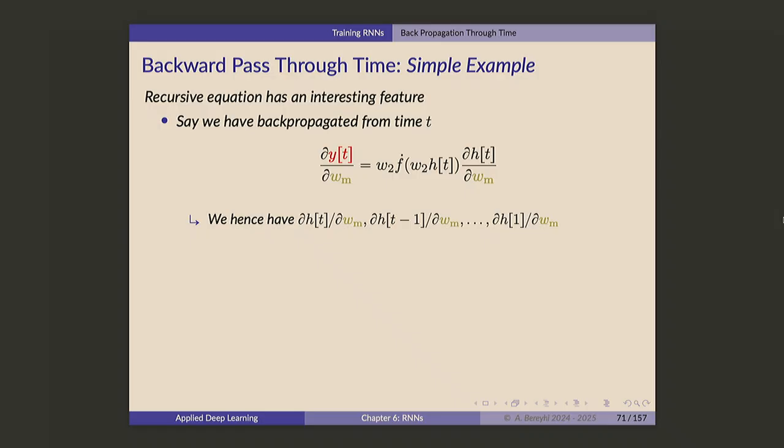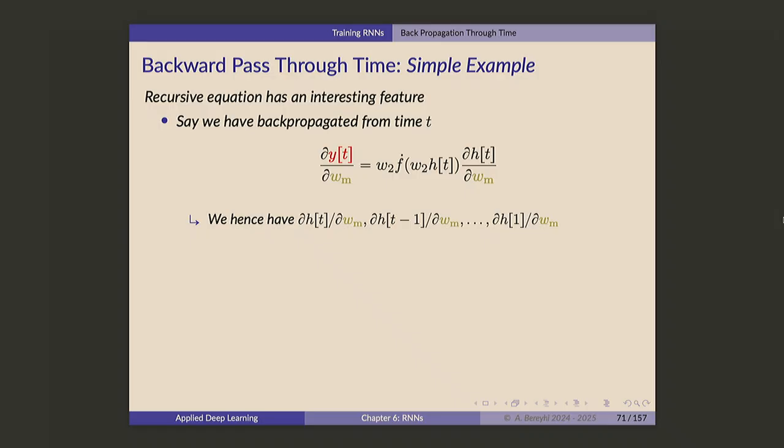Because if I start by computing the gradient at time 1, I just go one step back in time and then I stop, right? When I go to 2, then I need to get from h2 to h1, right? And then when I get to h1, I already know the gradient of the previous ones, right? Because I already computed the previous time, right? So every time you progress, you are going to carry those gradients with you.